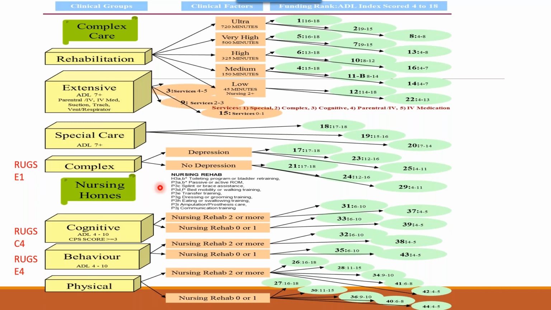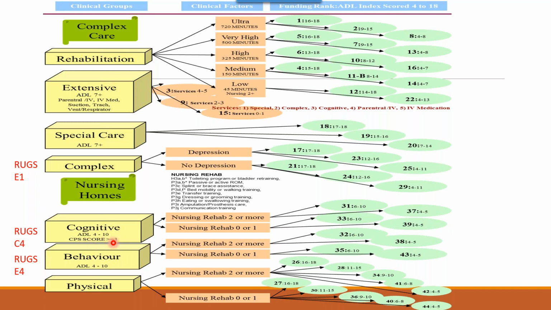Now, only the C4 item from the communication quality indicator impacts the RUGs. And that's the one on understand, right? And we can see that that does that because this item C4 is part of the CPS scale, the cognitive performance scale.